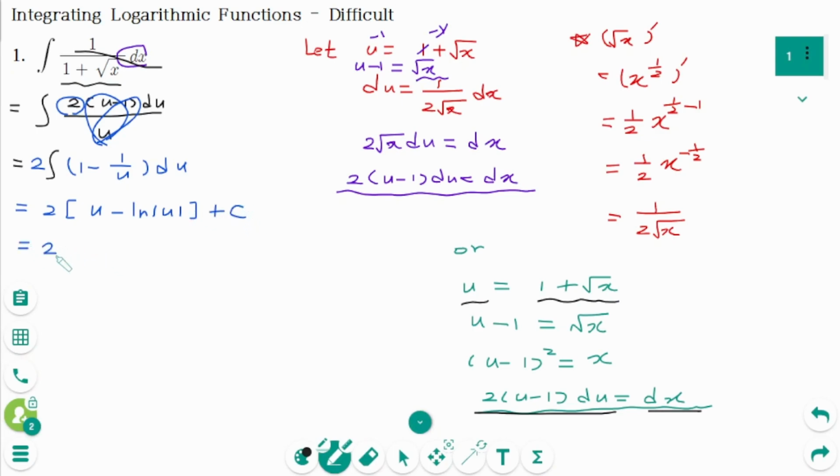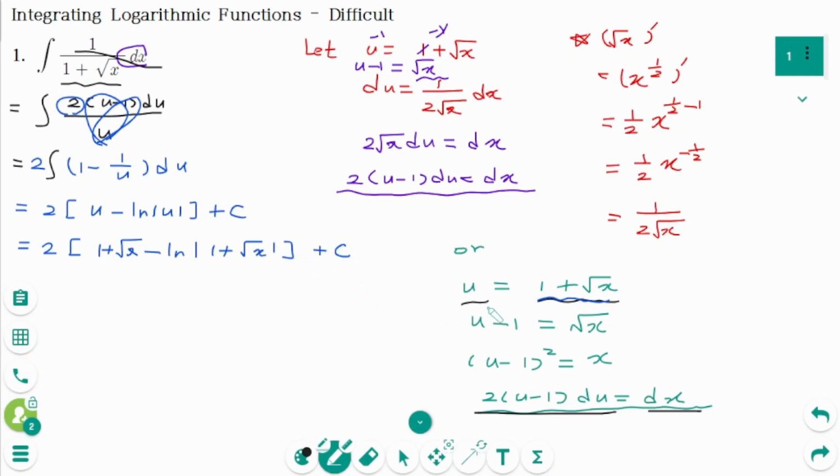Then it equals 2 times 1 plus the square root of x minus ln absolute value of 1 plus the square root of x plus c.